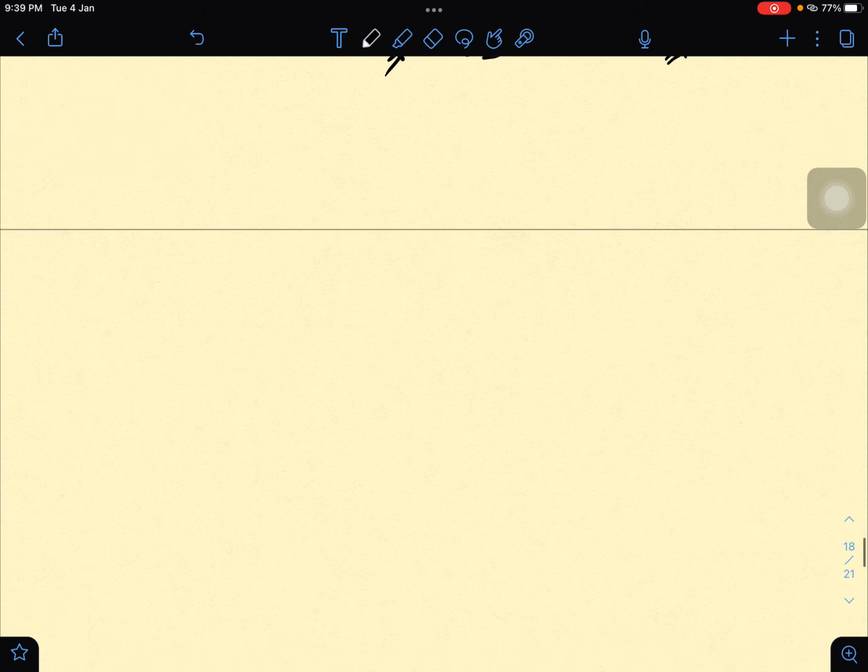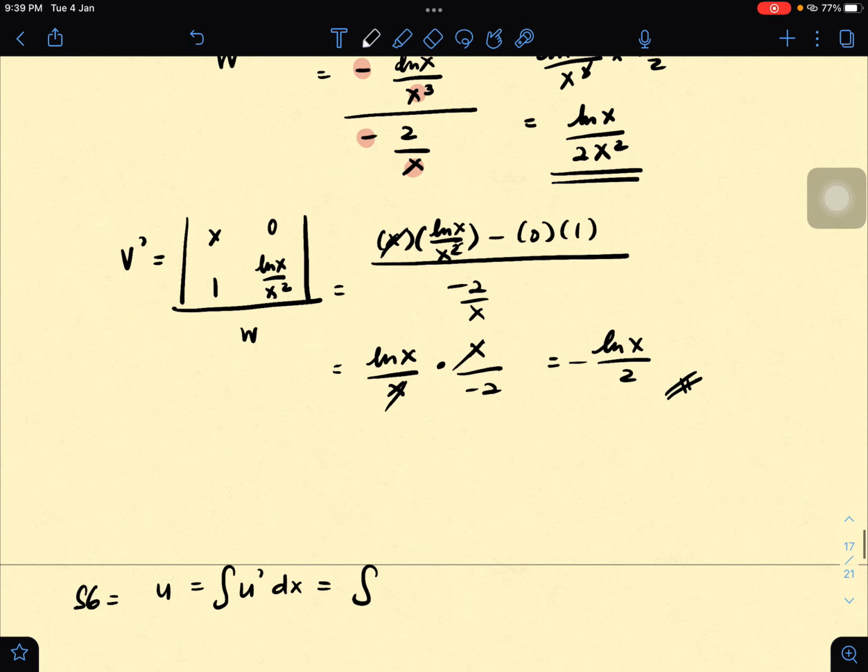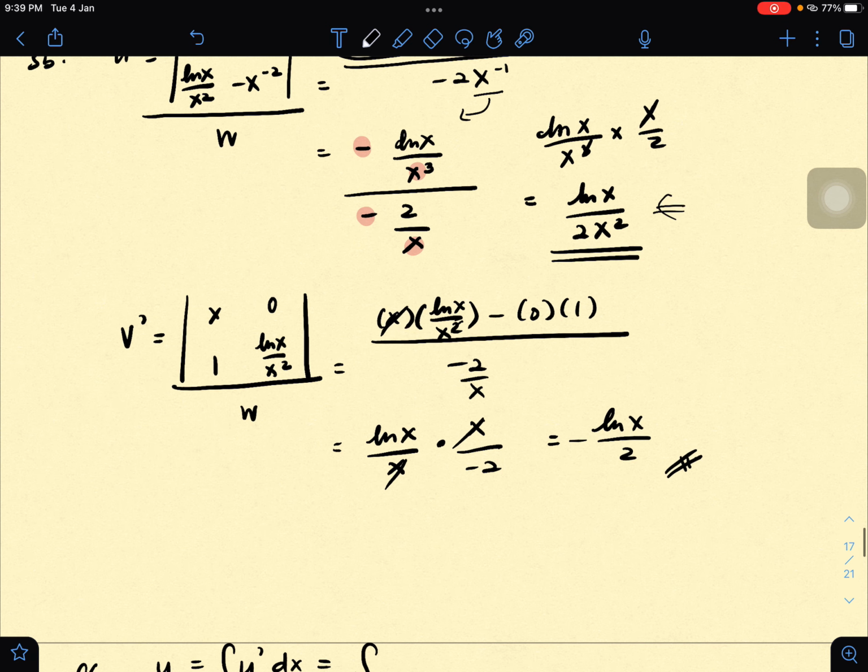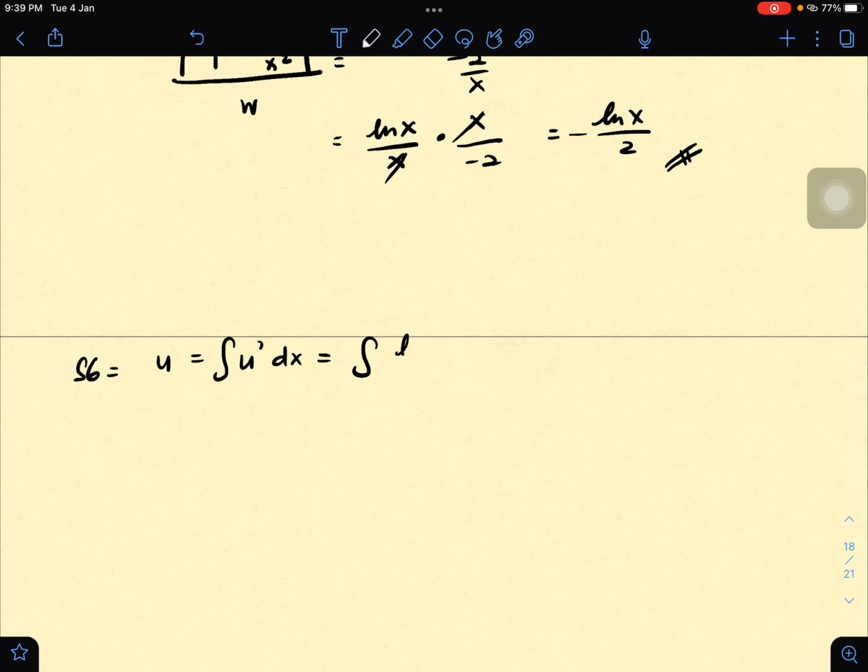Step number 6 is to find u by integrating your u prime with respect to x. So now you have your u prime equal to ln x over 2x square, dx. You cannot directly integrate this one because it involves two functions.